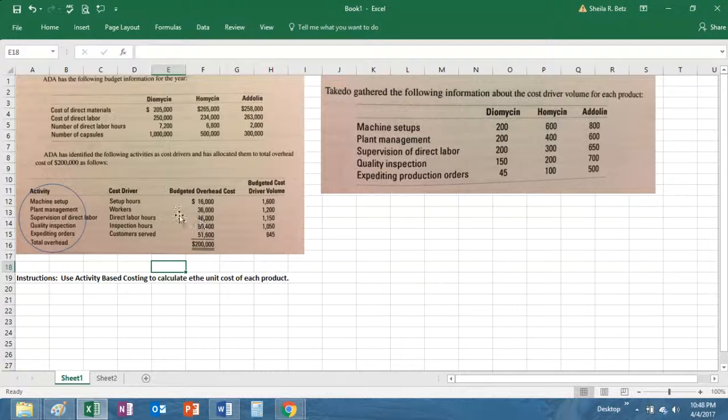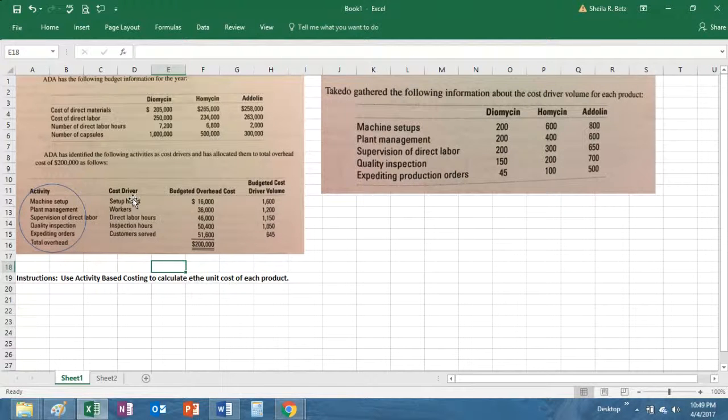The whole point is, can we group the overhead cost into categories where they share a common theme, like machine setups, where the cost is really being driven by the use of the machine, and then ask, for this $16,000, what is the most appropriate way to divide it up to our 3 product lines?